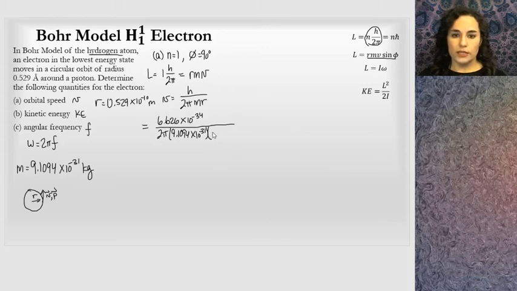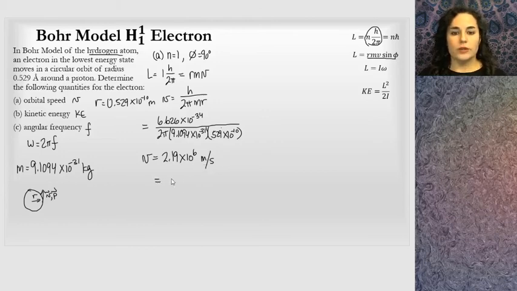And then the radius is 0.529 times 10 to the negative 10th. So when I run these numbers through the calculator, I get a value of 2.19 times 10 to the 6th meters per second, which is a pretty good speed. That's pretty average for electrons in an atom.